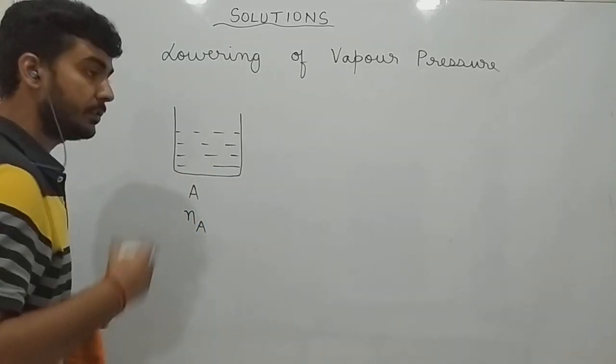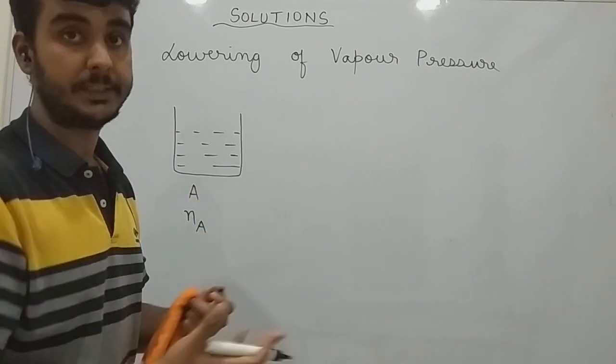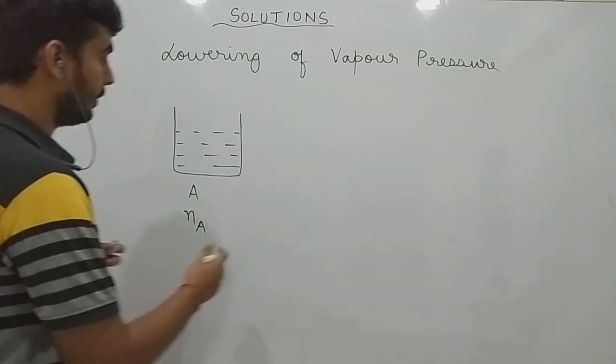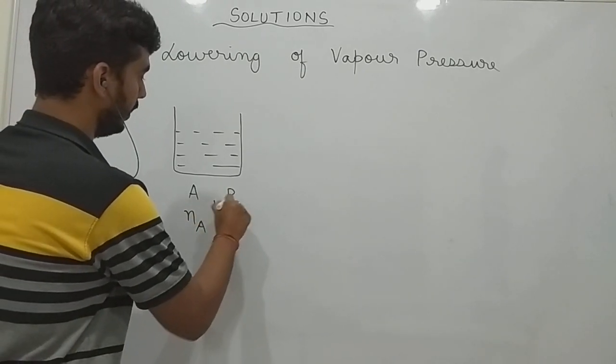So A is a solvent. It will have some vapor pressure in its pure form. Let that vapor pressure be denoted by P naught.